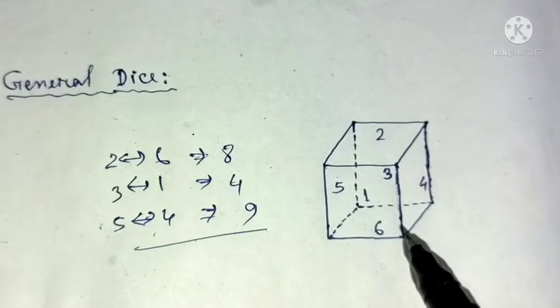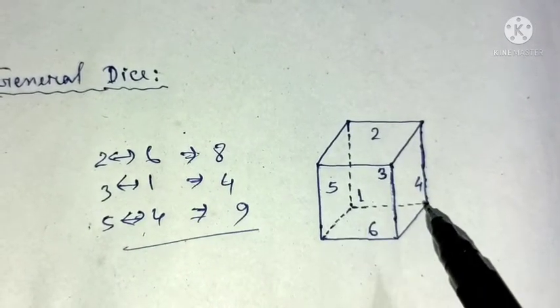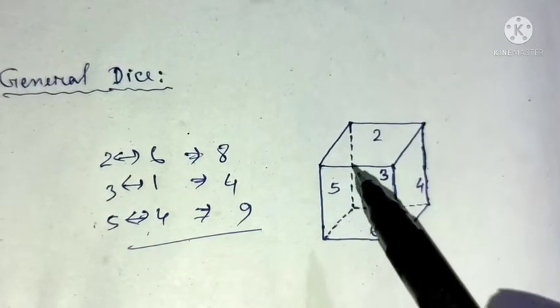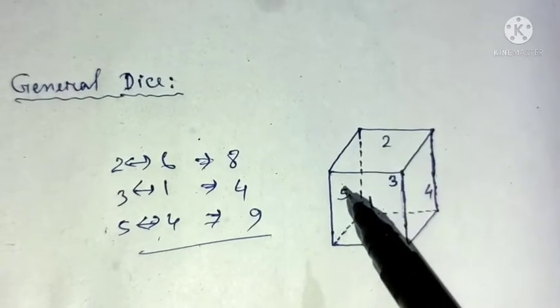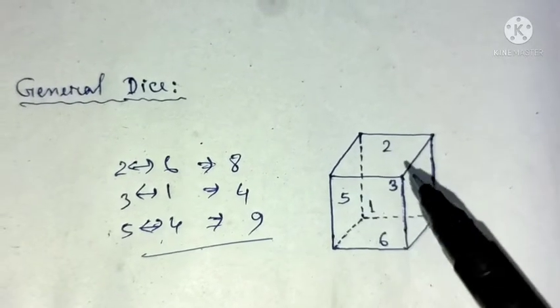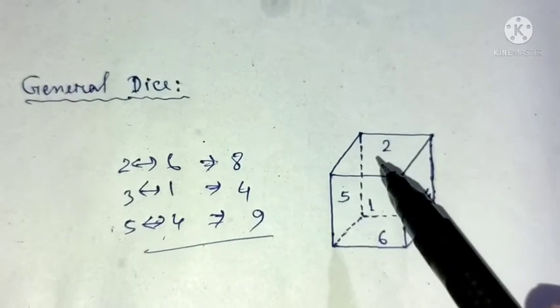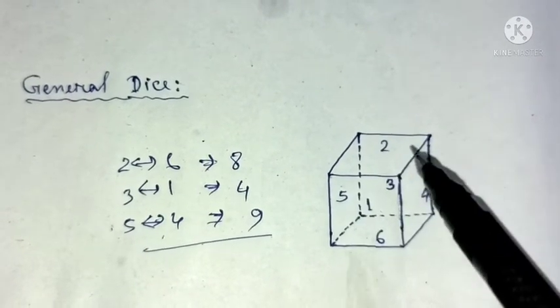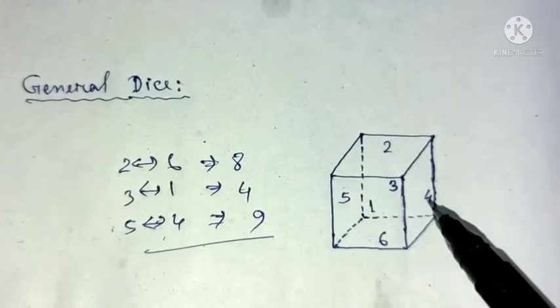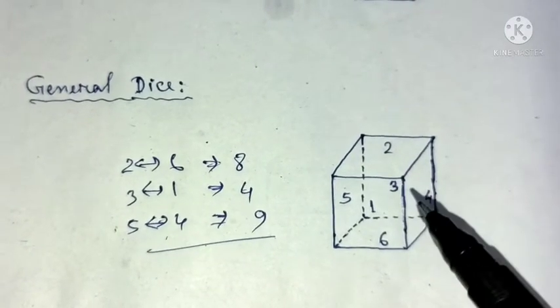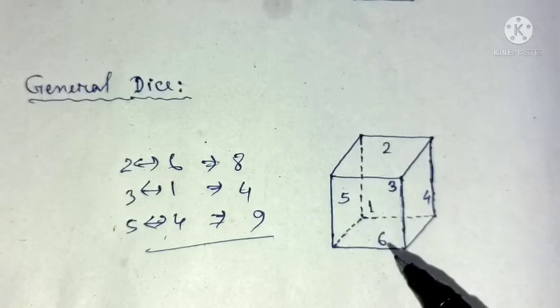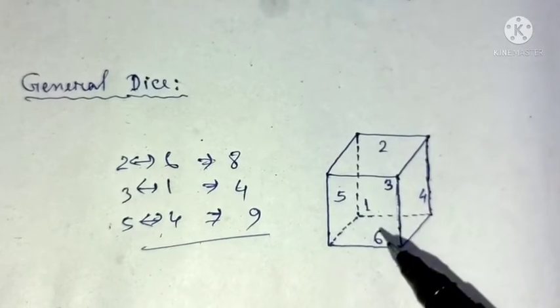But one thing is here, adjacent faces. Adjacent faces sum is equal to 7, at least one pair. So 2 and 5 are adjacent, you will get sum as 7. 3 and 4 are also adjacent to each other, you get sum as 7. 1 and 6 are adjacent to each other, the sum is 7.